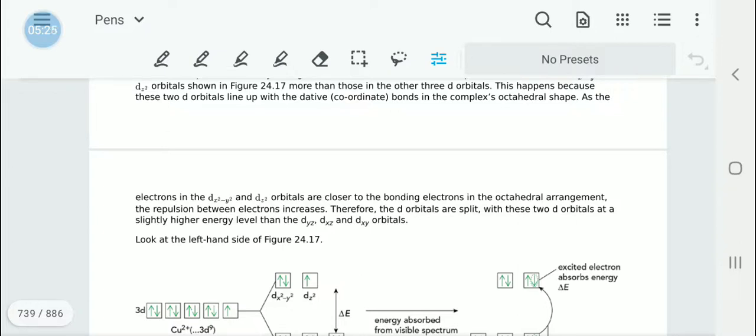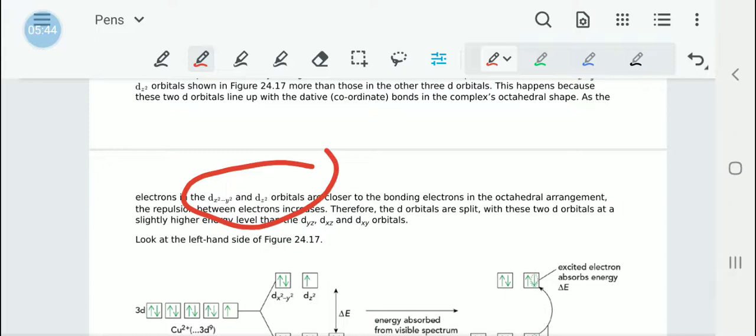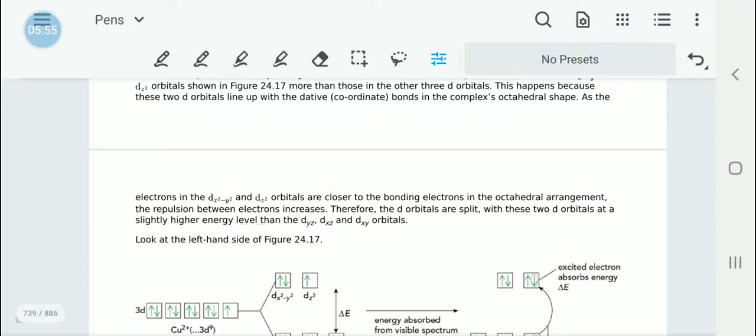So that increases the repulsion, and the d orbitals split. These two d orbitals would have a higher amount of energy than the dyz, dxz and dxy orbitals. I hope that makes sense.